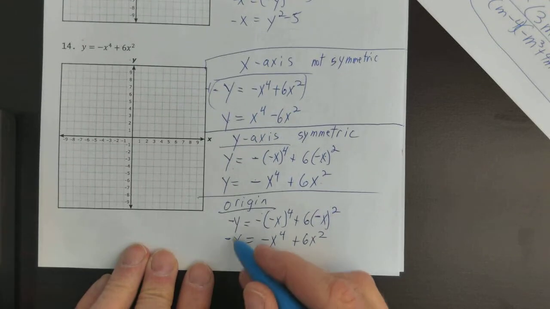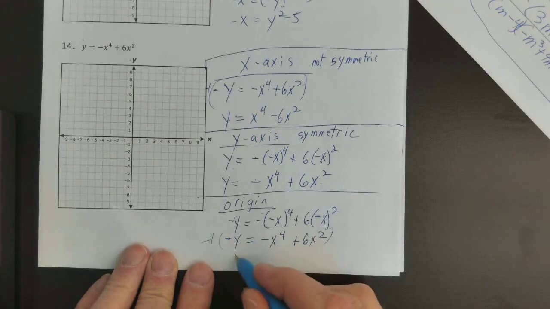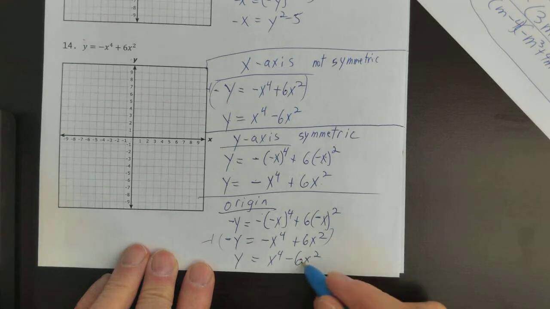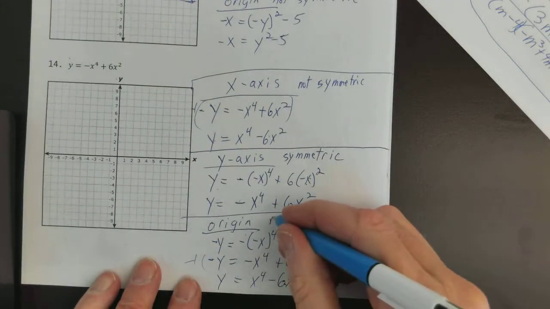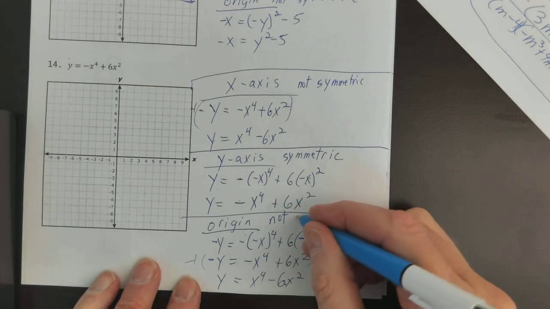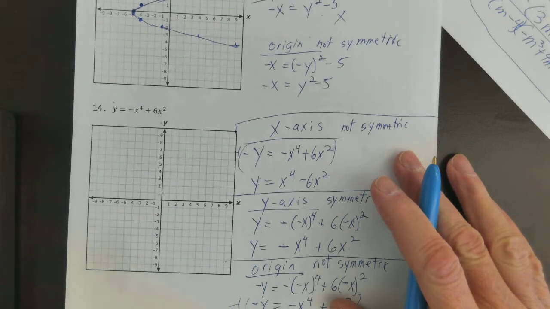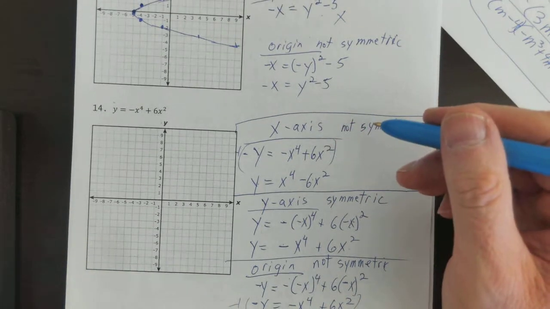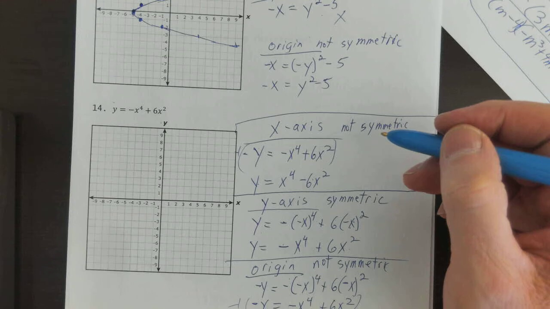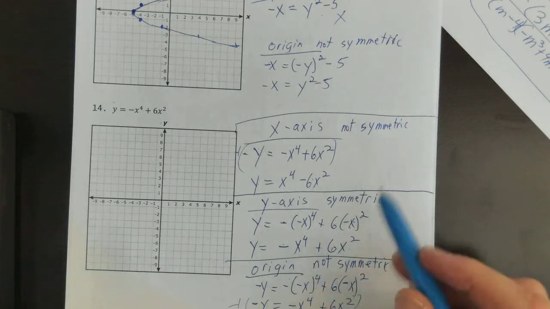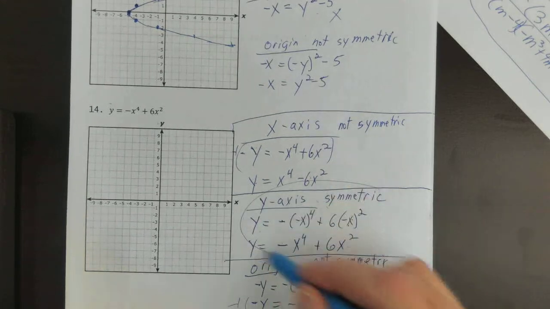When I multiply through by negative 1, I'll get y equals x to the 4th minus 6x squared, which is what I had with the x-axis, so that's not working. So it's not symmetric there. So we are looking at y-axis symmetry.